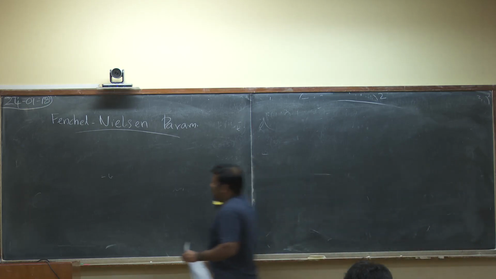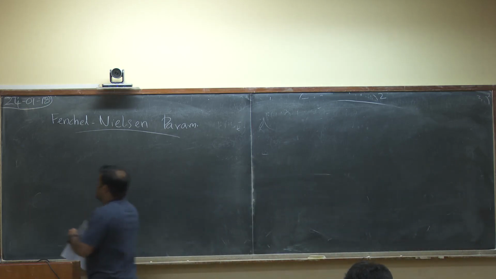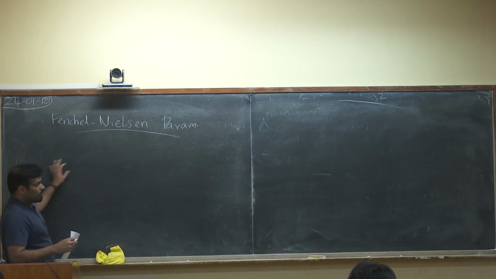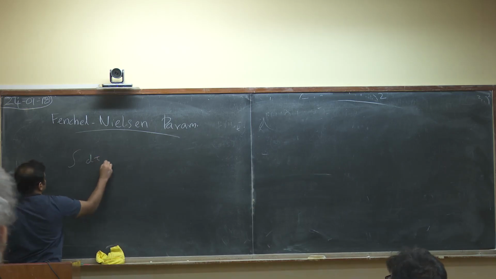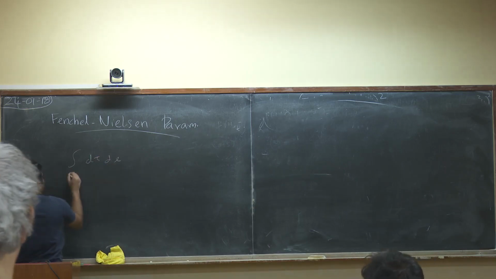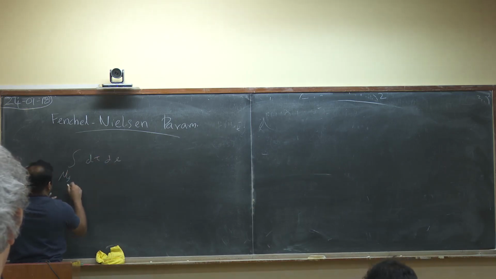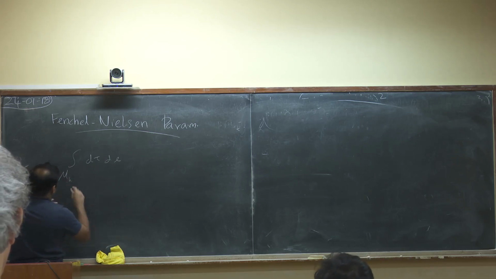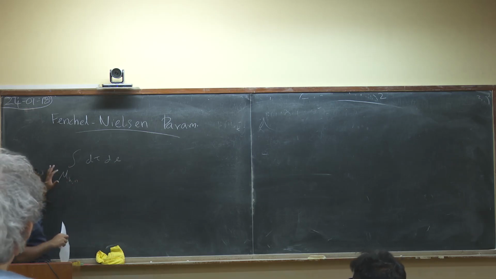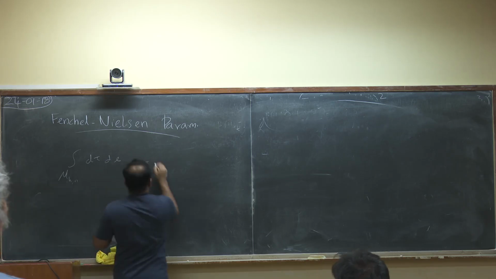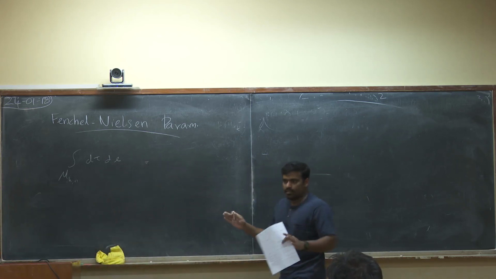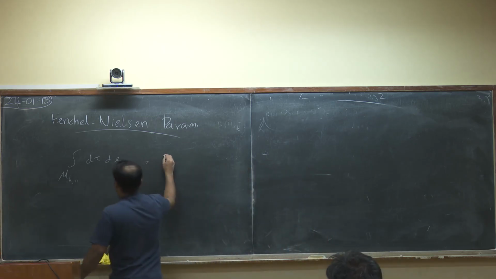And then I am saying that if you want to perform an integration over the moduli space, you can utilize the Fenchel-Nielsen coordinates. You start by stating that your integration is over the moduli space, and then I can find a decomposition of identity which has the following property.